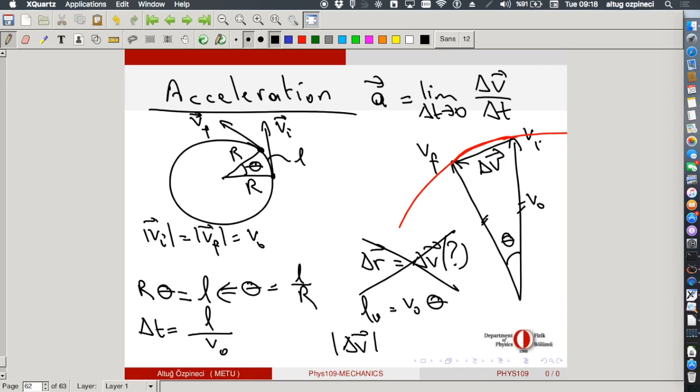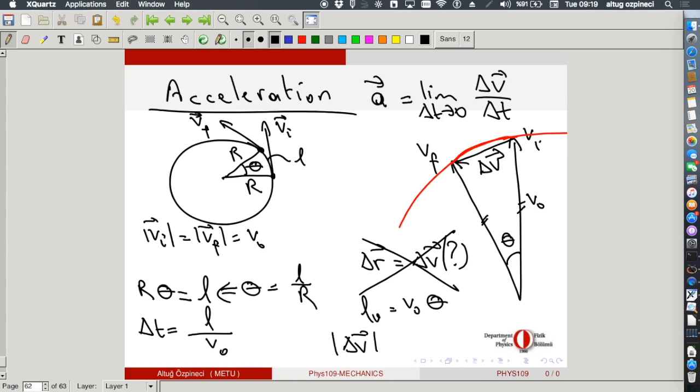Well, we can use cosine theorem, but then what do we do with cosine theta? Now okay, there are means of doing it. You will be doing it toward the end of the semester, but we might have an easier way of doing it. Can you say that LV and delta V are equal in this case?